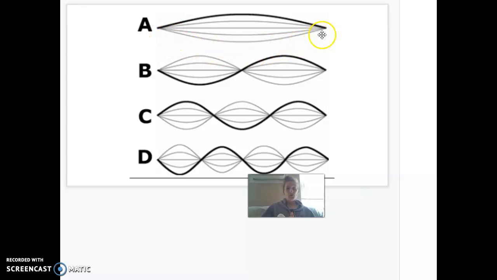It has two nodes, two places where the wave appears not to be moving, and one antinode. This would be a full wave, so one full wavelength. It has 3 nodes and 2 antinodes, and so on and so forth. So we can look at whatever standing wave we want to, and we call these different standing waves harmonics.